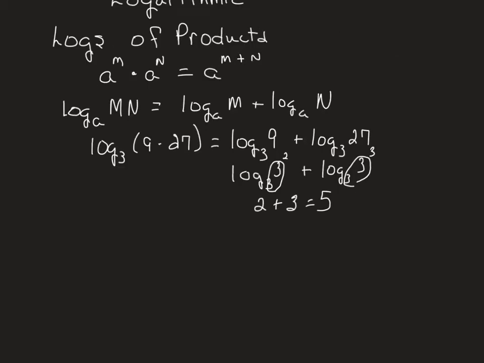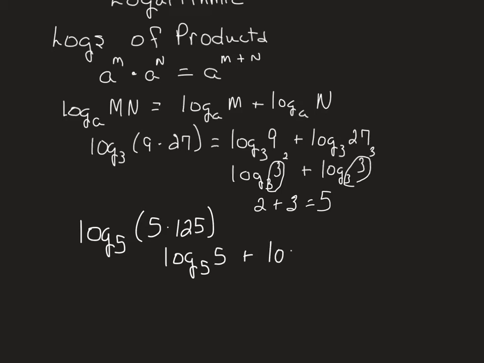Let's do another one just to get a little bit more practice. Let's look at the log base 5 of 5 times 125. Well, I can first expand, and we get the log base 5 of 5 plus the log base 5 of 125.